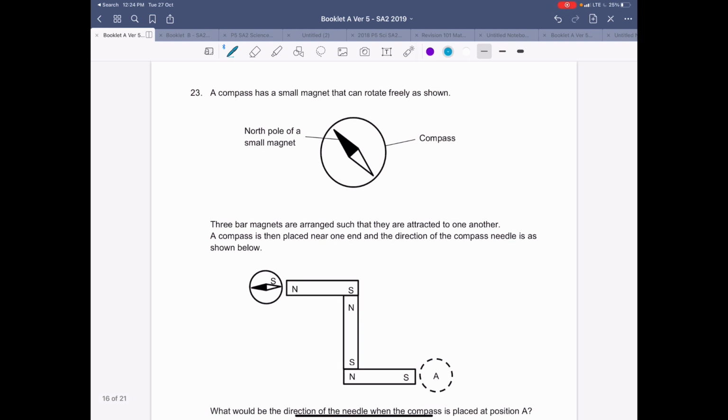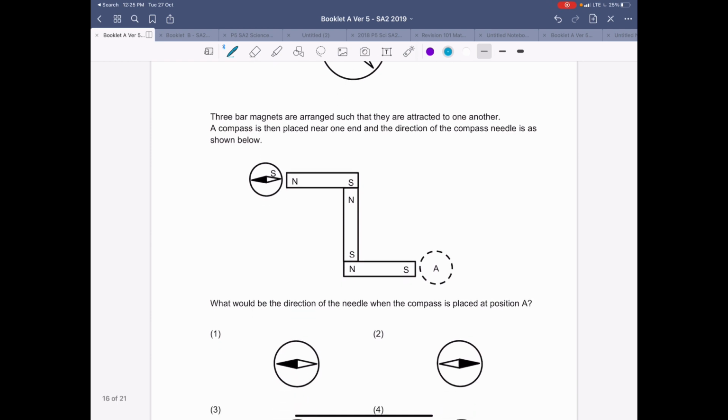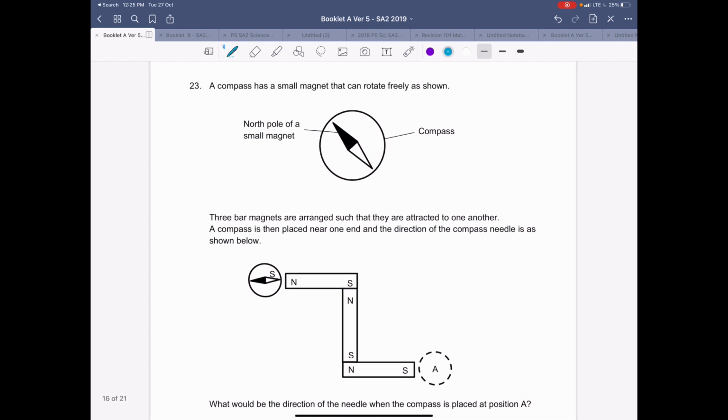Next. Now, a compass has a small magnet that can rotate freely as shown. The 3 magnet bars are arranged in such a way that they're attracted to one another. This is very, very important. A compass is then placed at one end and the direction of the compass needle is as shown below. What will be the direction of the needle? Now, the one that is shaded in black is usually your north.